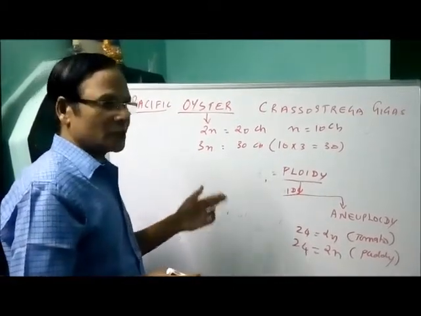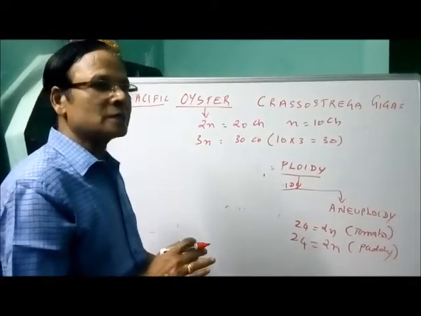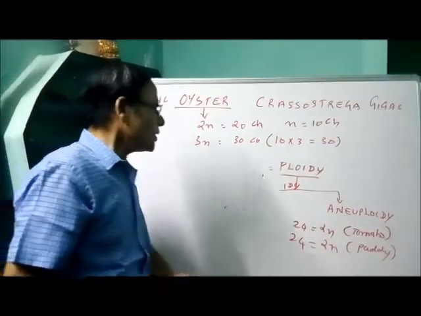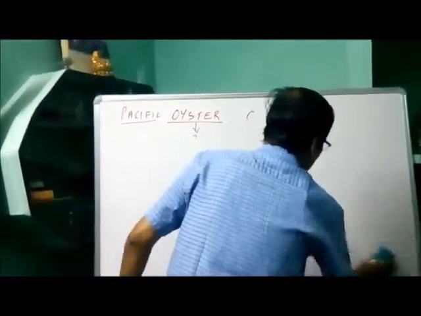Triploid organisms are sterile. Tetraploid organisms are more advantageous because they cause an increase in the size of the fruit and flower. Now what is aneuploidy?